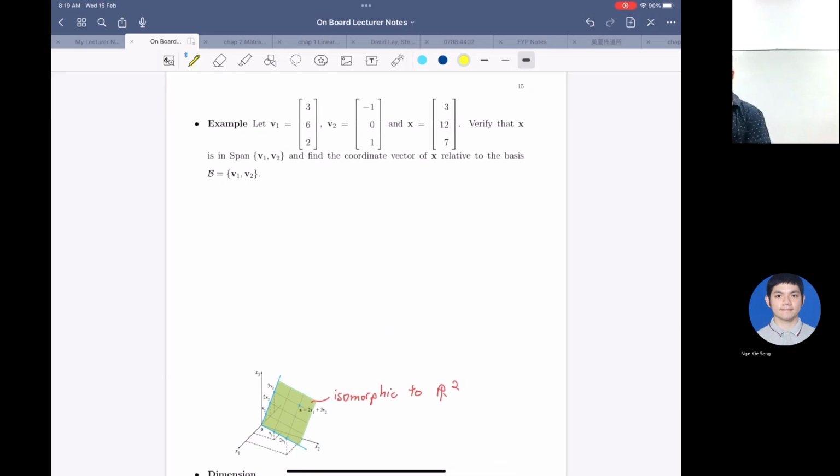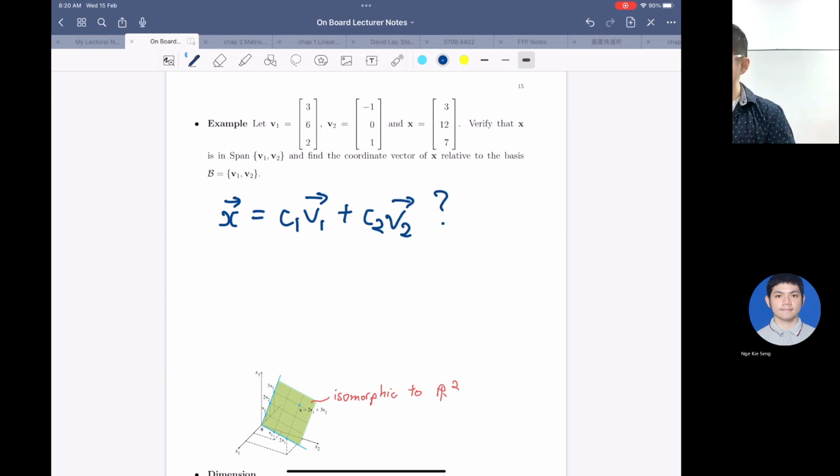This example, I will explain it, then I will skip this. So in this example you are given V1 and V2, two vectors in R3, and then you're given X. You ask whether X is in the span of V1 and V2 or not, meaning whether X is a linear combination of V1 and V2.